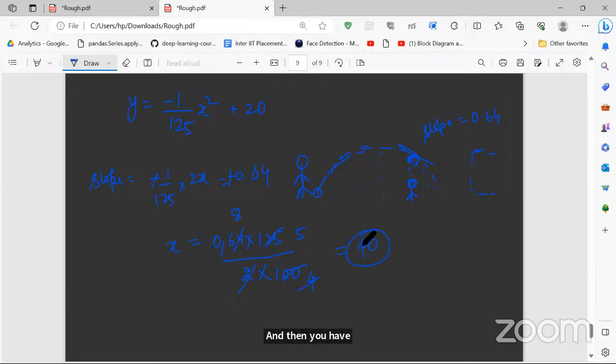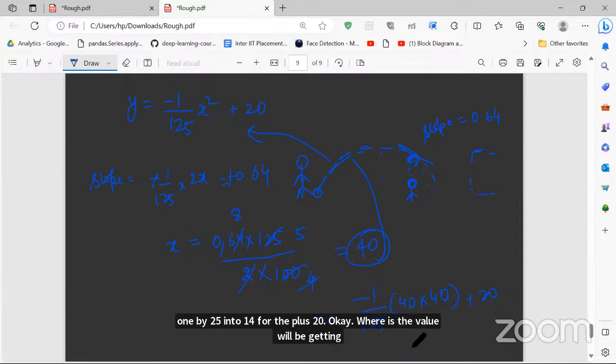Yeah, sir. So you got the x coordinate of this point, but you have to calculate the height, right? To calculate the height, you'll just put the value of x in the equation: minus 1 by 125 into 40 into 40 plus 20. Correct? What is the value you'll be getting?